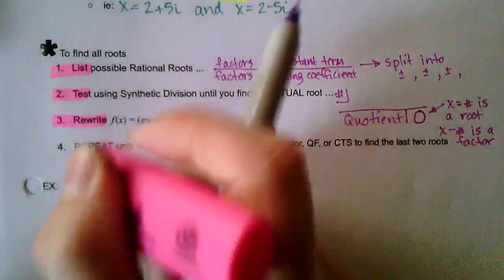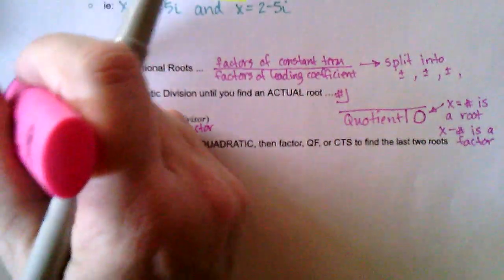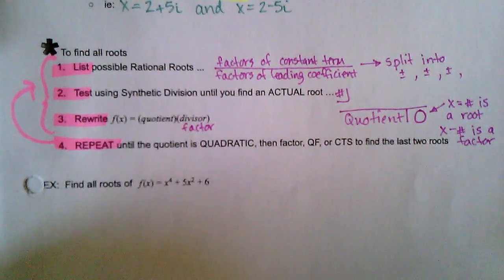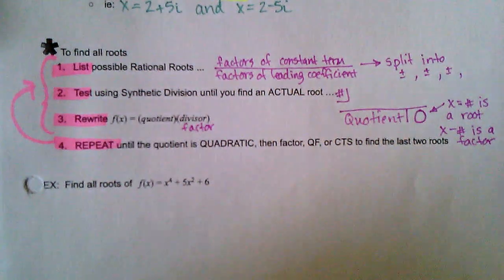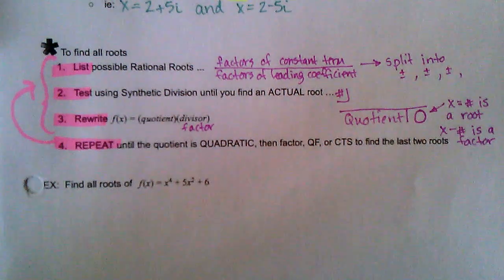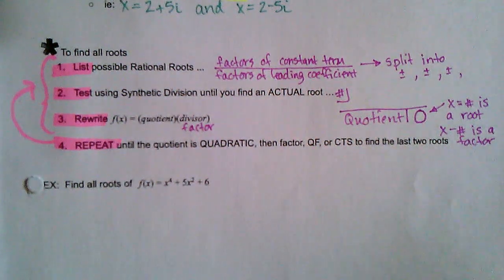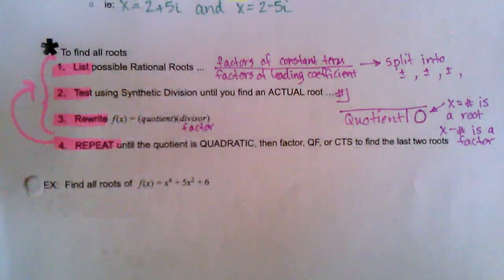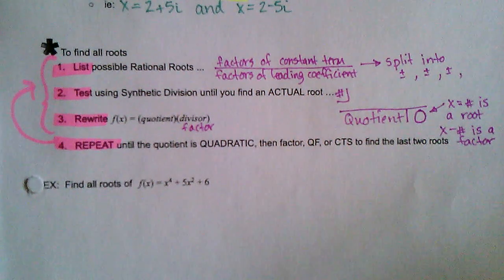And then we're going to repeat these 3 steps until the quotient is quadratic, and then we will either factor, use the quadratic formula, or complete the square to find the last 2 roots. So we will go through an example and go through all of those steps.